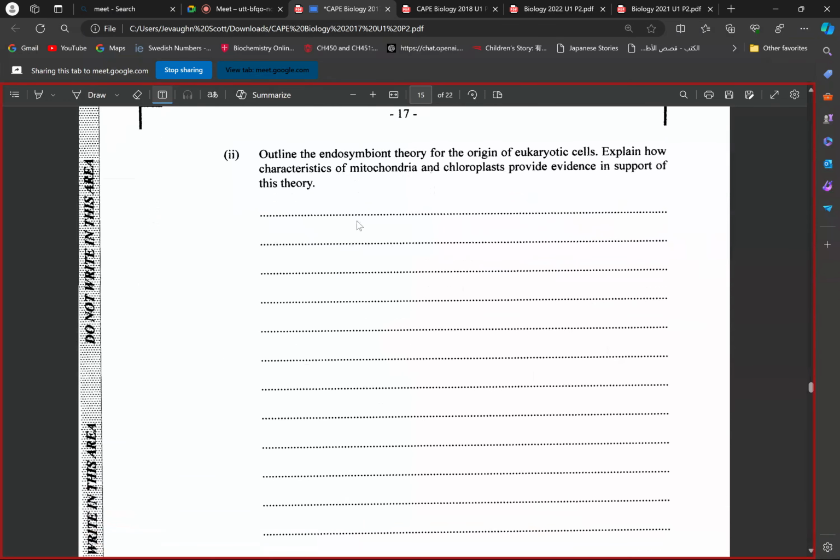Outline the endosymbiont theory. So we know the endosymbiont theory is basically speaking about the fact that somewhere within some primordial ocean or primordial environment, prokaryotes generally were the thing of the day, right? And some prokaryotes would have been consuming other prokaryotes, well, for basically competition and predation, right?